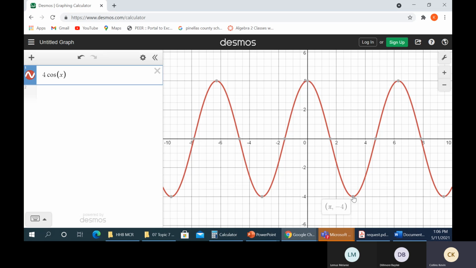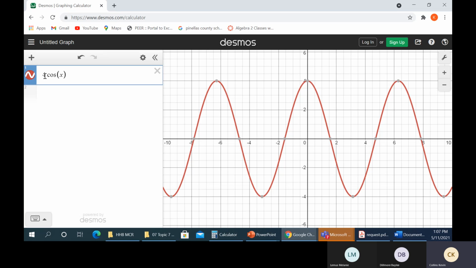And they're just using the absolute value or the positive value because they're talking about a distance away from the center line. So distance is always positive. So it's going to be 4 and 4. So even if they had a -4 cosine x, you would still say the amplitude's 4. So amplitude's always positive. That's one thing that happens.